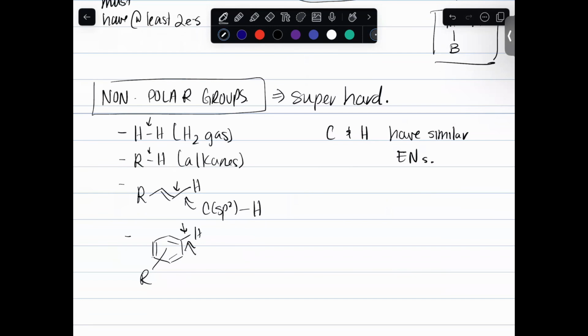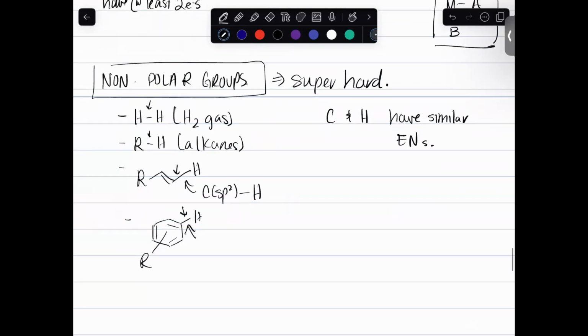Okay. And so there are very few research groups that have been able to do oxidative additions into these nonpolar groups. One of them is Christina White at the University of Illinois, and she's become really popular when it comes to the activation of these nonpolar groups.